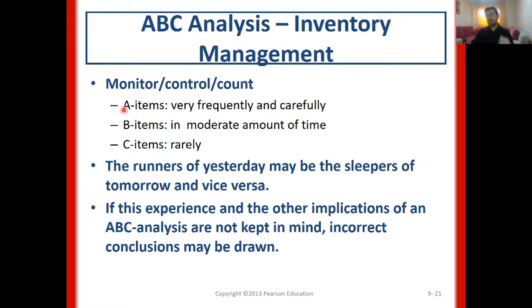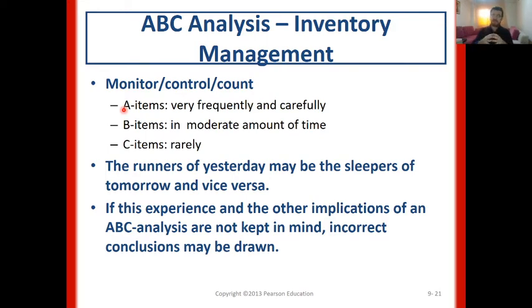In many companies, because of legislation and accounting purposes, we have to count our items in stock at least once a year, and many companies do that several times a year because they want to make sure that their data is accurate in their warehouse management system or in their records. And we know that A items are critical items for our income or for inventory costs. We should monitor them carefully.